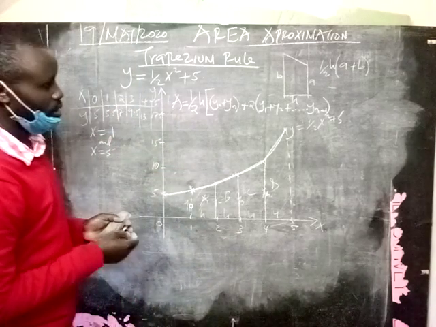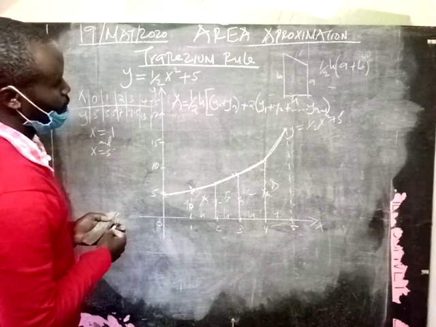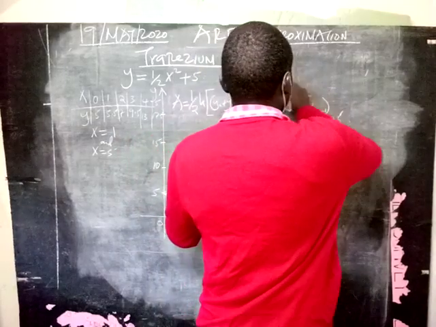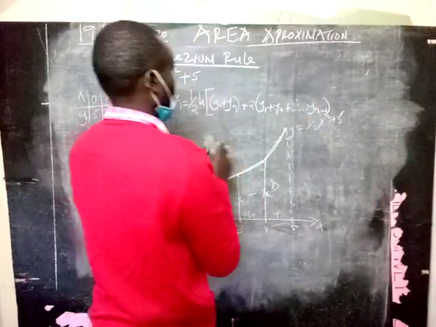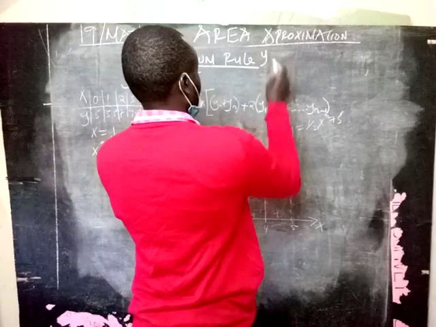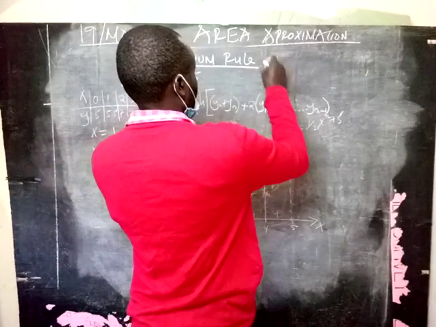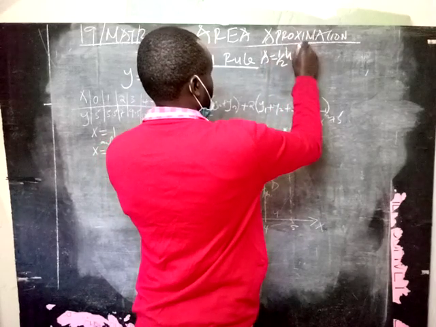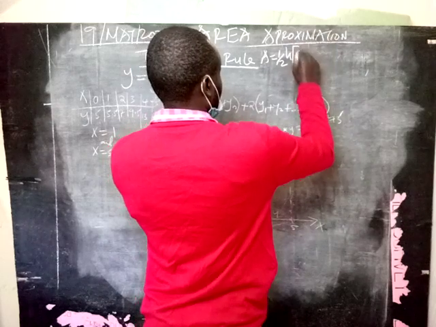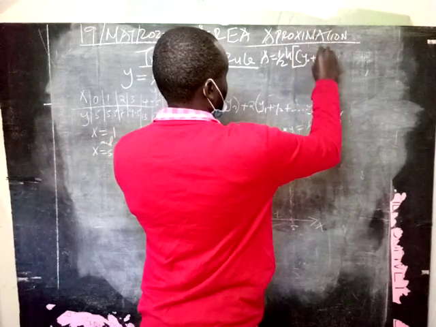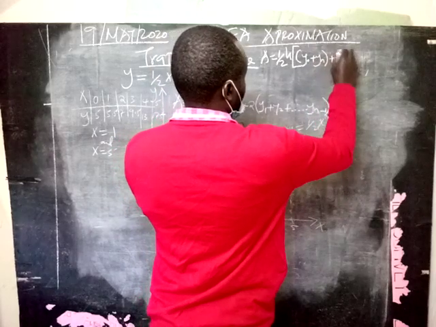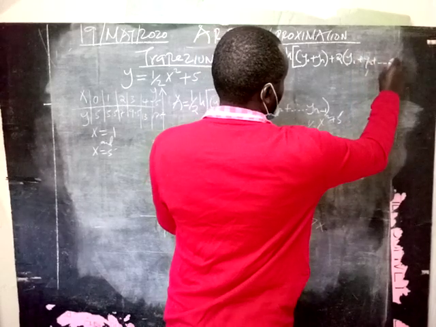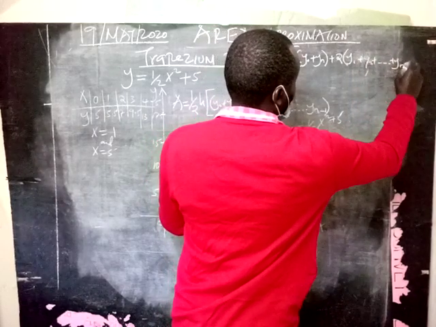So that is going to be our formula. So have this formula clearly. We can write it here. A clear one. Area is given by half h, then a bigger bracket: y naught plus yn plus twice the y1 plus y2 plus all the way to yn minus 1.